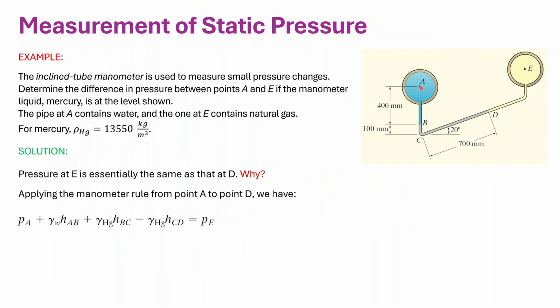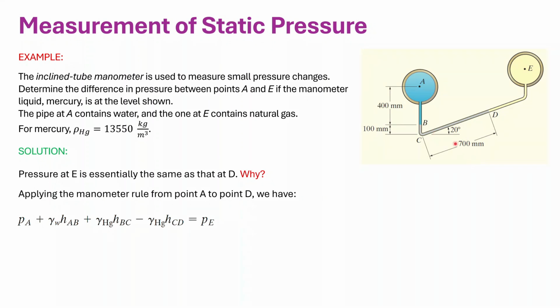so pressure caused by this column of water here, and it's positive because we're going down, so pressure increases, plus gamma Hg times h BC. So from here to here, pressure caused by mercury, minus gamma Hg times h CD. CD is from here to here, and as I mentioned earlier, what matters is the vertical distance.